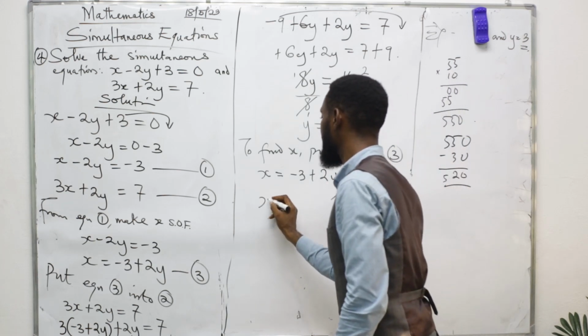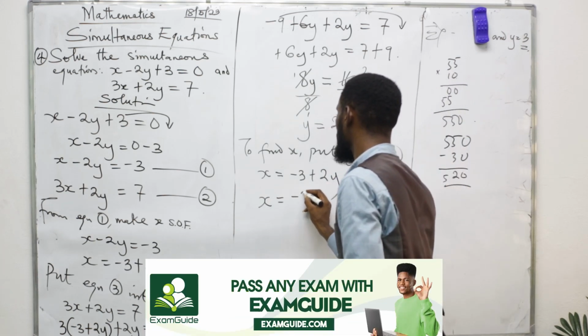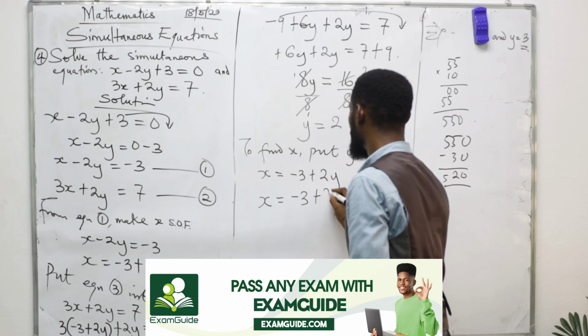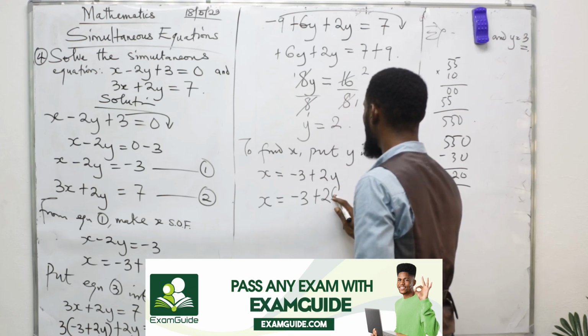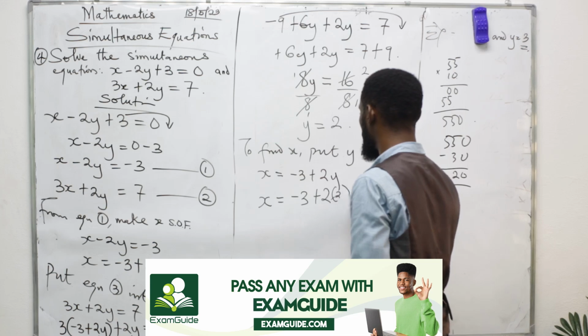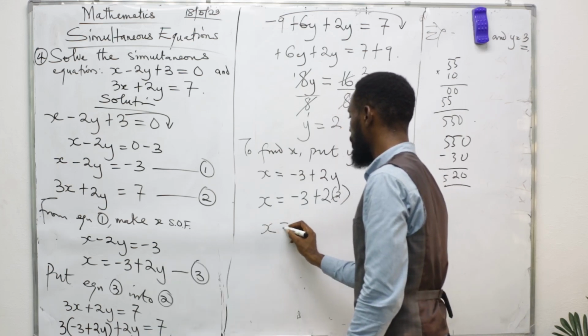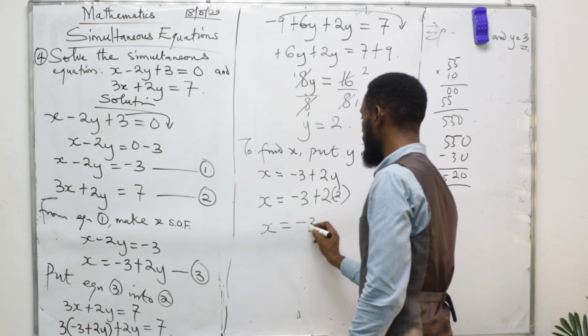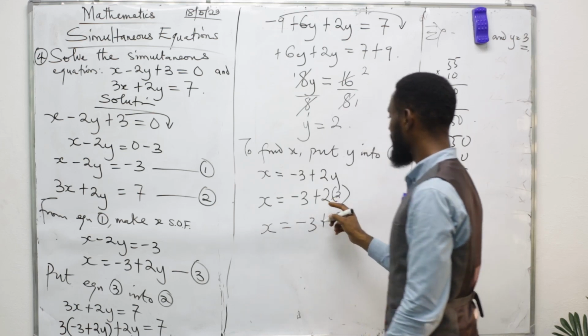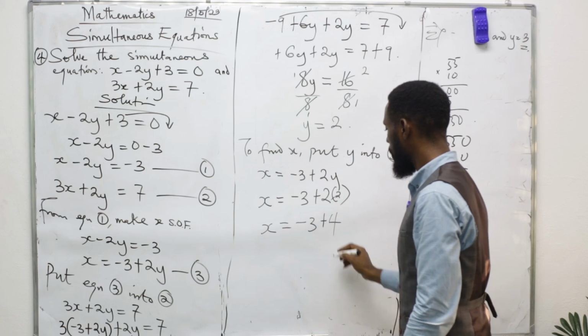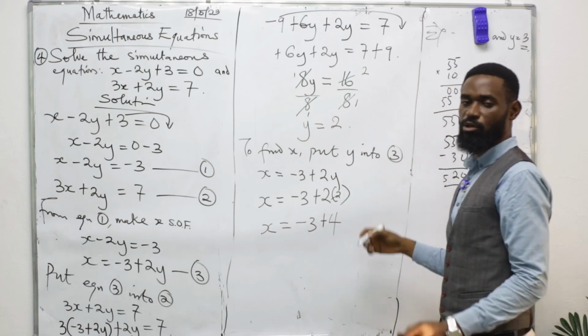So we have x is equal to minus 3 plus 2 times our value of y, which we have found is 2. So x will now be equal to minus 3 plus 2 times 2 is 4. So minus 3 plus 4.